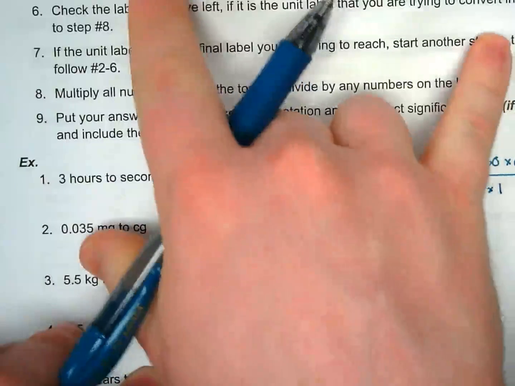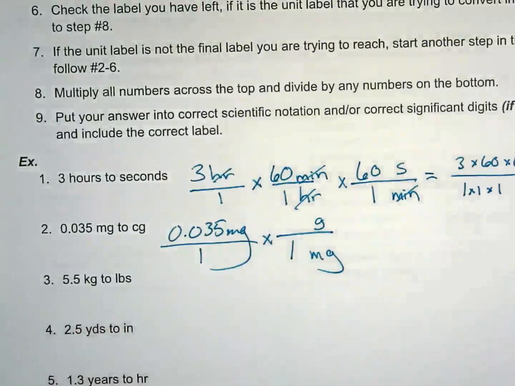Then look up the prefix on the metric chart, find the factor of 10 that matches it, times 10 to the whatever power, and put that number in front of the unit label with no prefix. The notes here also mention scientific notation.